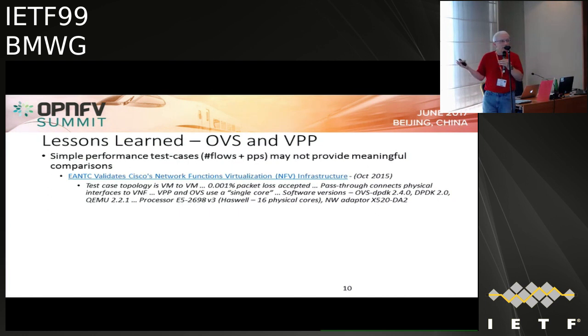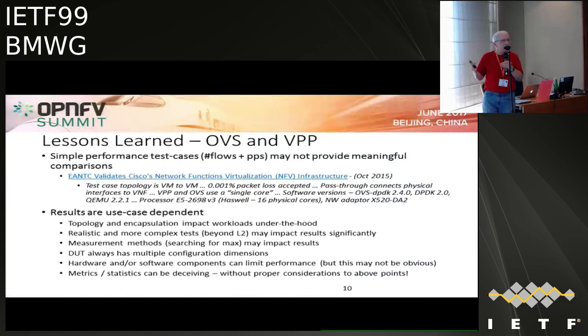We actually got some different results compared to the EANTC tests, and there's a reference to that there. And of course, they used a different architecture than we used. I skipped over what our architecture was, which you do when you're in a hurry. But in the updated version of the agenda, you'll be able to go to a wiki page that has all the documentation and written discussion of all these results. So I'll pass that along in the updated agenda.